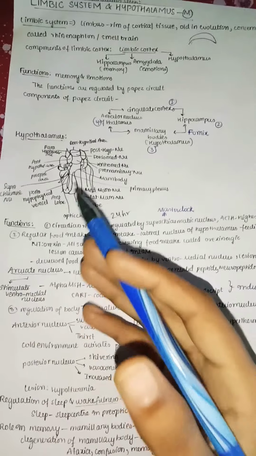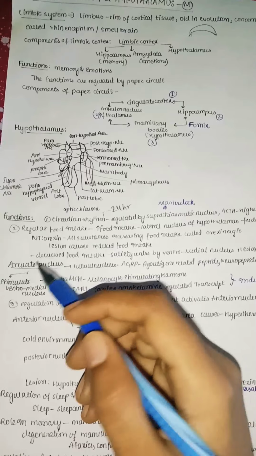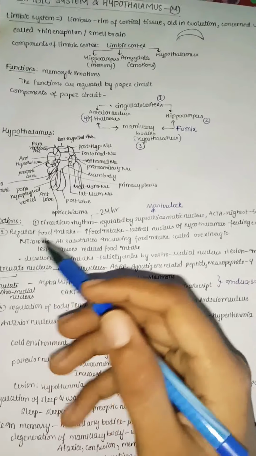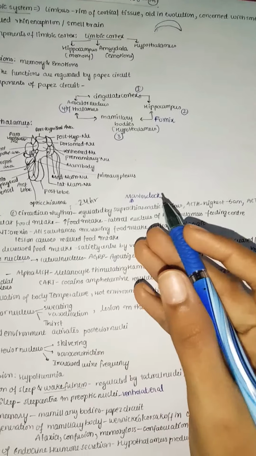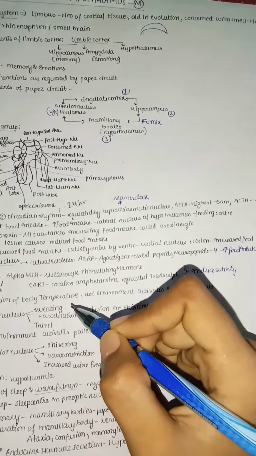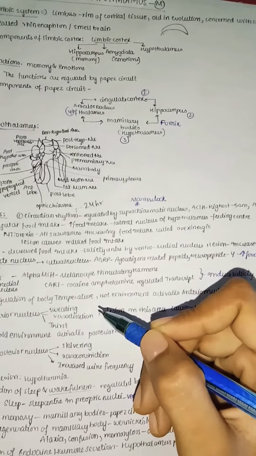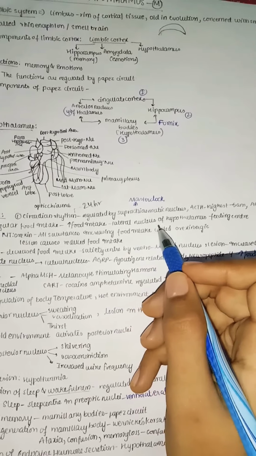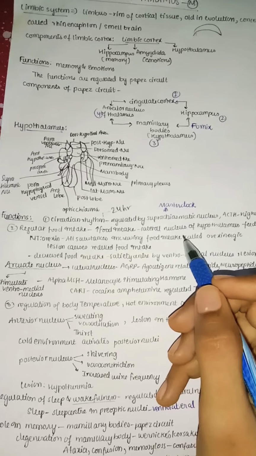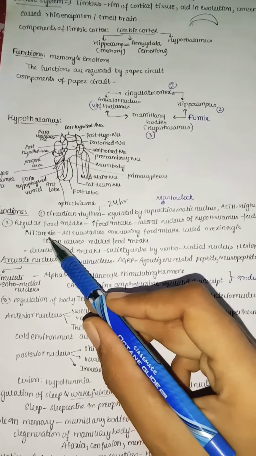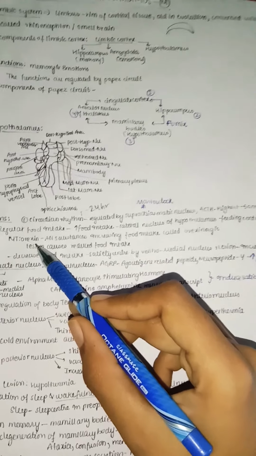So hypothalamus controls the circadian rhythm, and at the same time it also controls regular food intake. If you are eating more, it is because of the lateral nucleus of hypothalamus, which is a feeding center. So remember lateral nucleus of hypothalamus for the food intake, and we have a neurotransmitter called orexin.